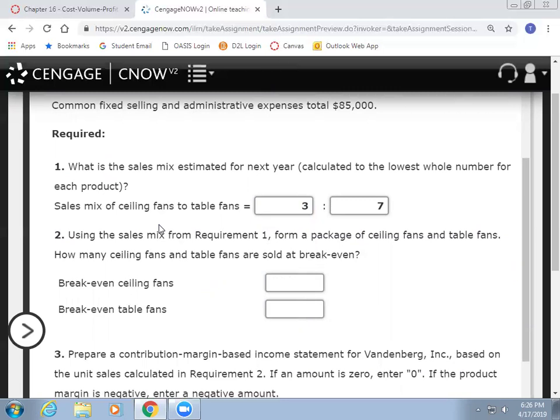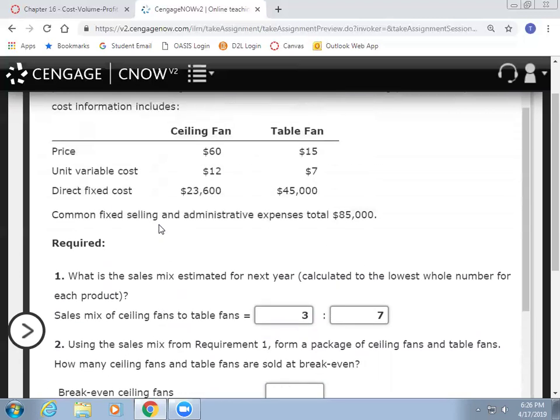Once we have the contribution margin, we take our total fixed costs and divide by that. We just have to make sure we get all the fixed costs. For ceiling fans, we have a fixed cost of $23,600, plus table fans, $45,000, plus their common fixed expenses of $85,000.